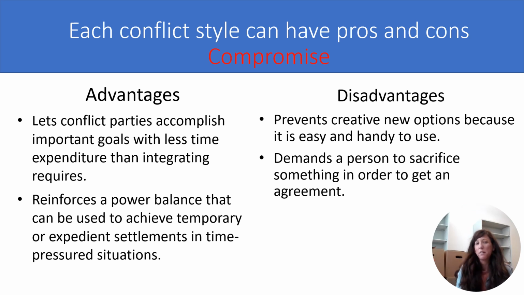As I just mentioned, a compromise means, for the most part, both parties had to give up or lose something. And perhaps if a different style was used, if more creativity and brainstorming was involved, rather than just splitting the difference, then maybe neither party would have to give up something. Maybe a win-win solution could have been generated instead. So just like dominating, even compromise has some advantages and some disadvantages.